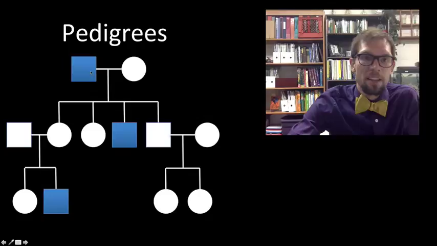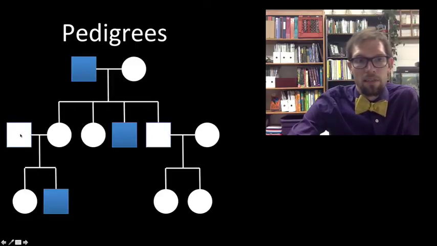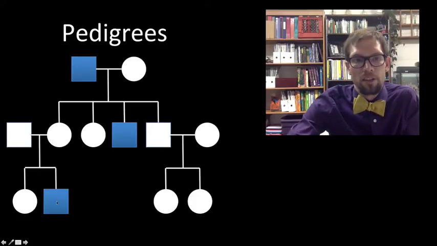So that means that this dad probably passed on the trait to this daughter. This individual was probably heterozygous for this as well, and so when these two had children, this person got two of the recessive alleles and expressed it. Now the mom here probably is recessive or heterozygous for this as well, because she would have had to donate an allele in order for this individual to express it.